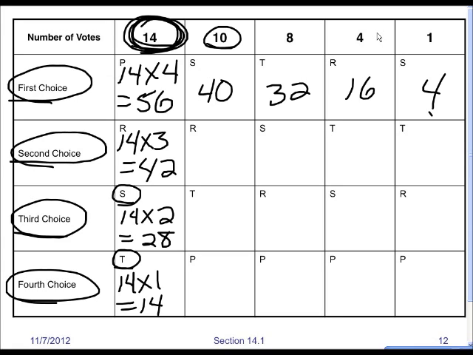For the second choice, remember those are 3 points each. So Rita has 10 of the 3 points each, or 30 points. Sarah with 24, Tim with 12, and another Tim, he has 1 of the 3 points.